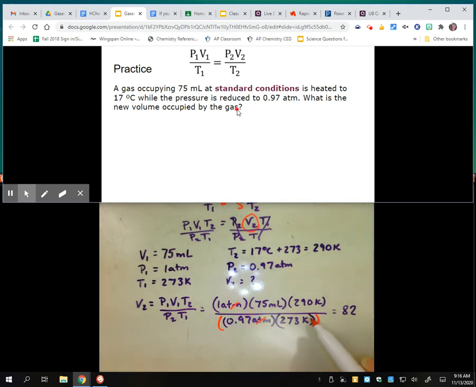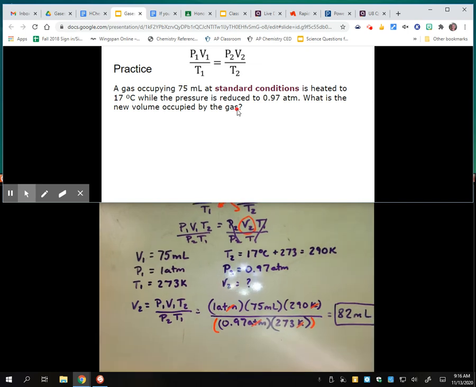Atmospheres cancel, Kelvin cancels. The only thing I have left are milliliters. So 82 milliliters would be my new volume for this particular gas under these new conditions. Okay, so that's how the combined gas law works. It's pretty simple. The hard part is rearranging your equation and plugging everything in correctly.